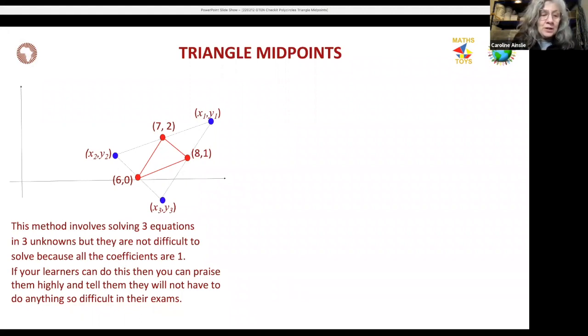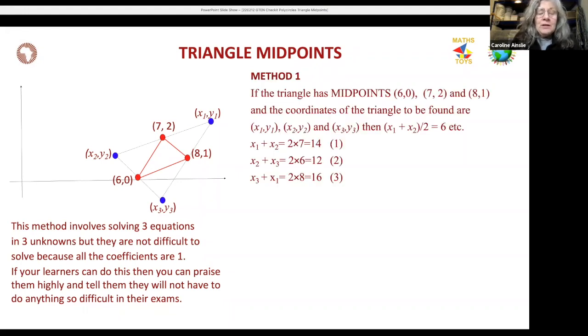Again, 3 equations, 3 unknowns, but they're not difficult to solve because all the coefficients are 1. You have x1 plus x2 is 2 times 7 is 14. x2 plus x3 is 2 times 6, 12. And x3 plus x1 is 2 times 8, 16.